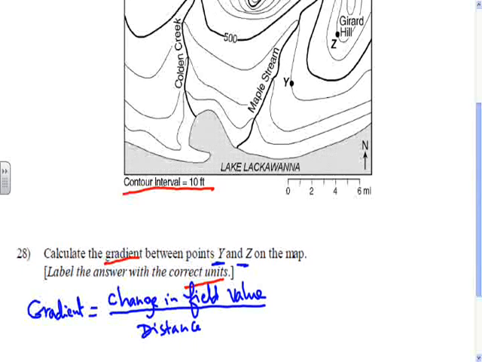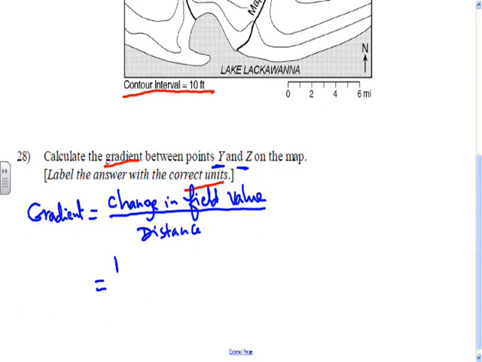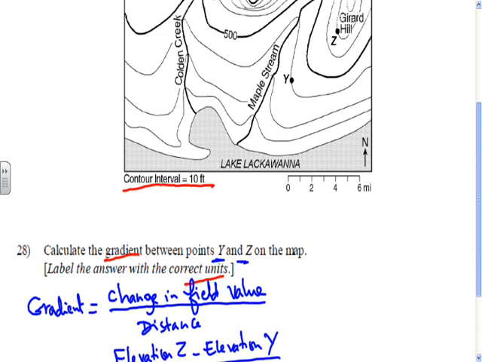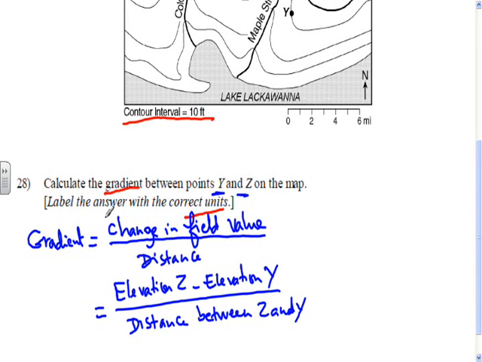Usually we start with the highest number, so let's write this down here: elevation of point Z minus elevation of point Y, divided by the distance between, to be precise, Z and Y. The distance is simply the distance between the two points.